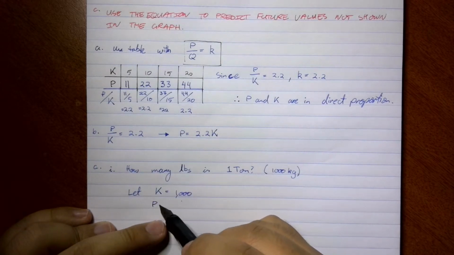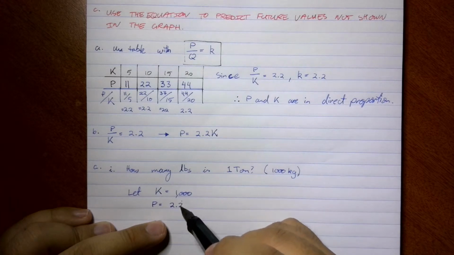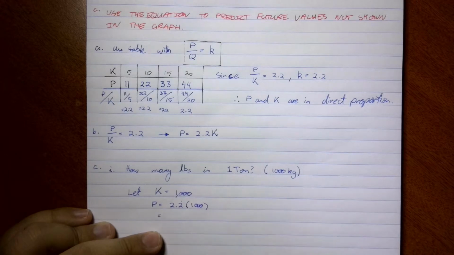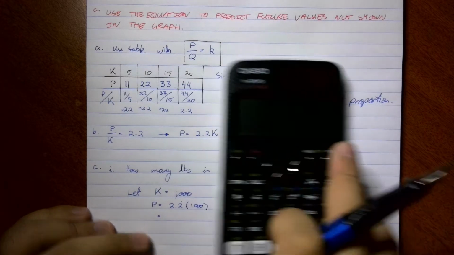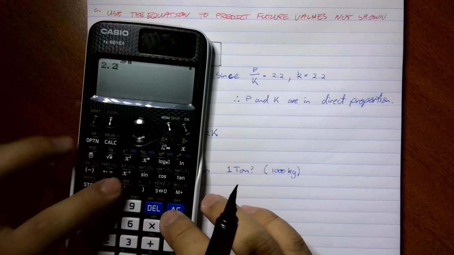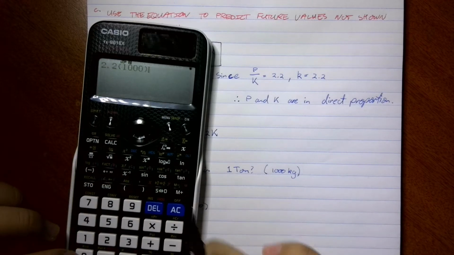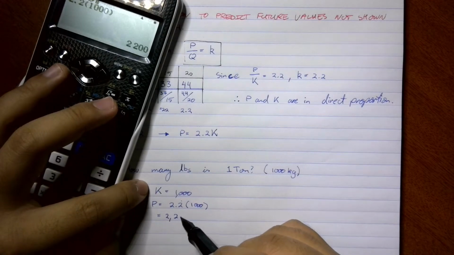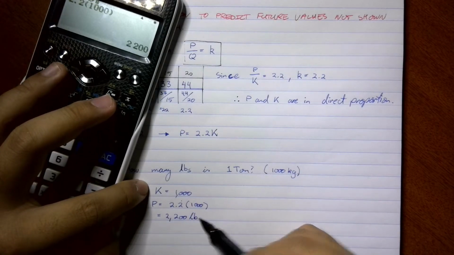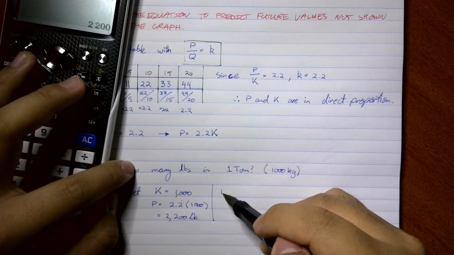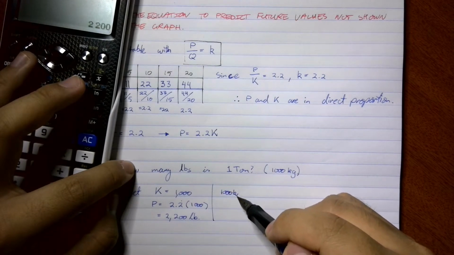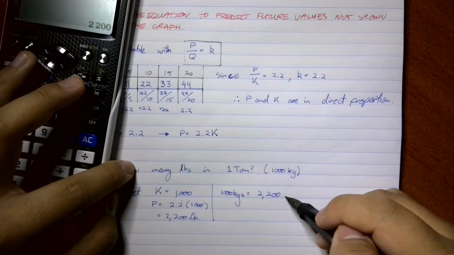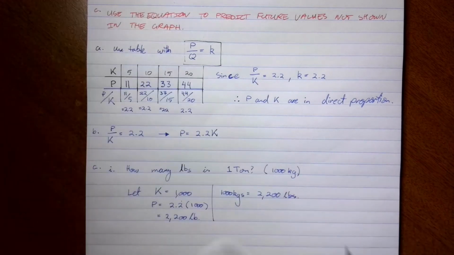So we get P equals 2.2 times 1,000, which gives us 2,200 pounds. So we can write the statement now that 1,000 kilograms is equal to 2,200 pounds.